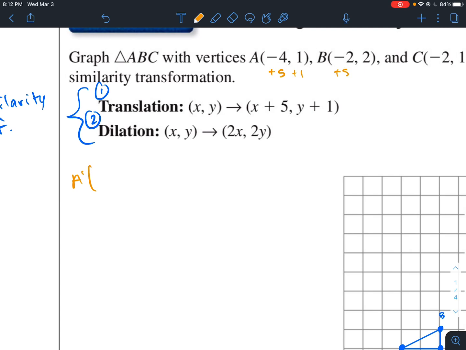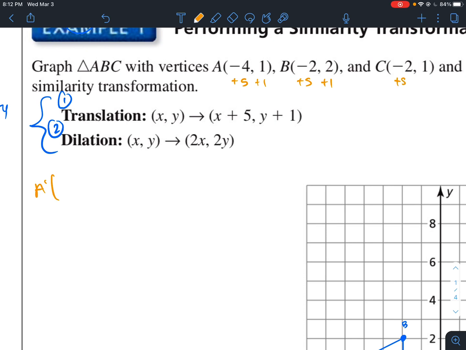That looks like negative 4 plus 5, comma 1 plus 1. B prime is negative 2 plus 5, comma 2 plus 1. C prime is negative 2 plus 5, and then 1 plus 1.